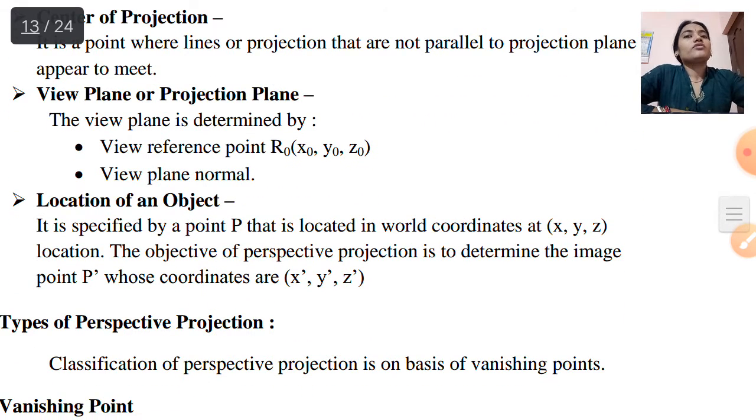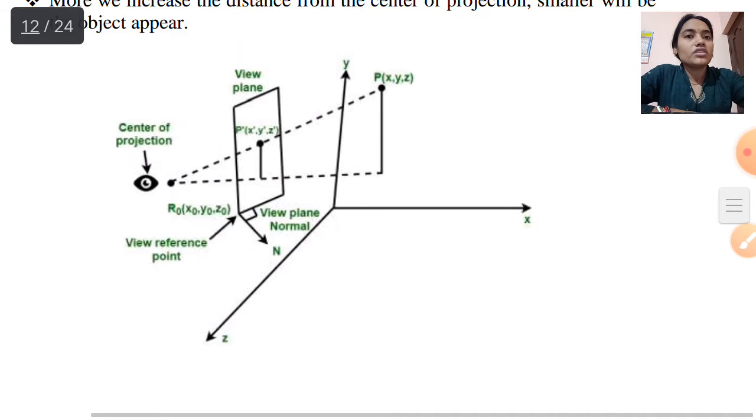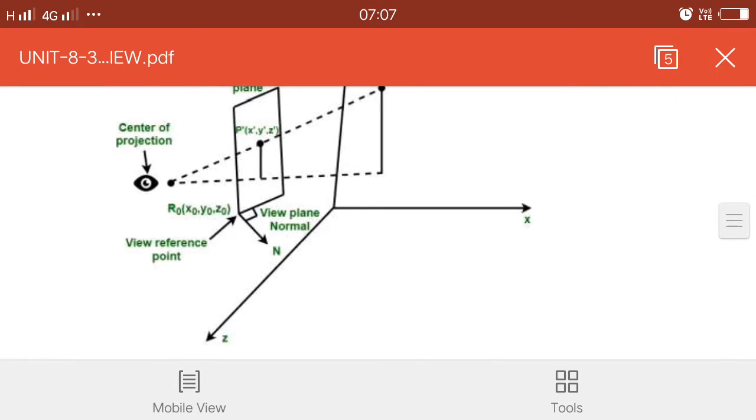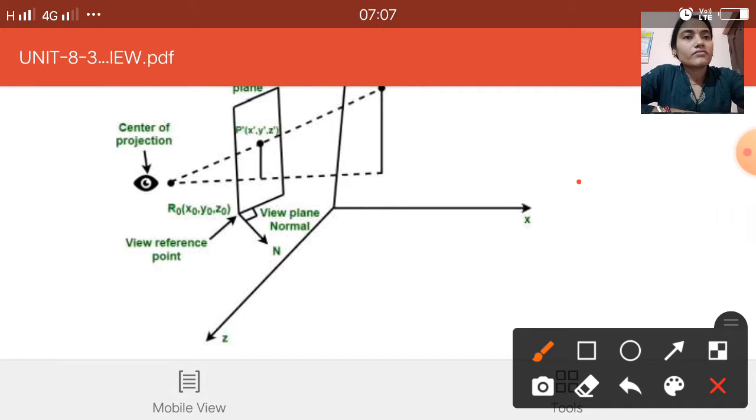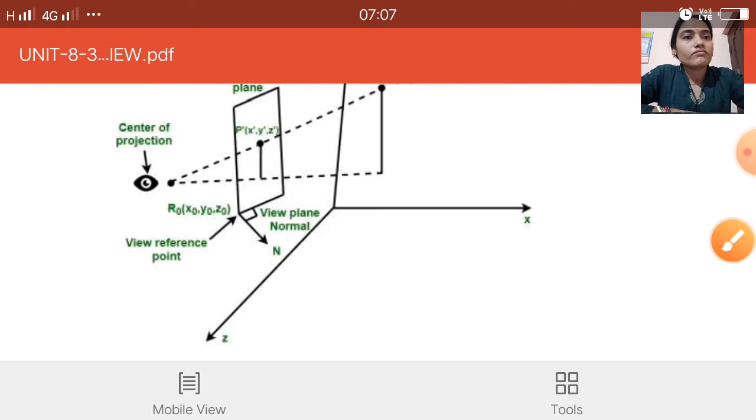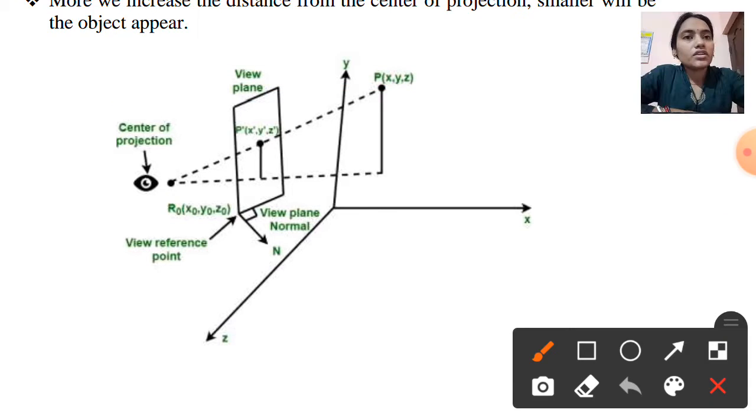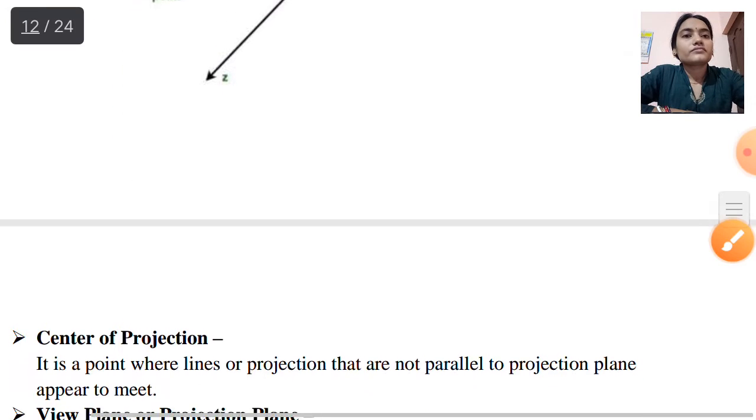Then another one is the location of an object. It is specified by a point P that is located in the world coordinate X, Y, Z. Here the world coordinate is this one, and the view coordinate is this one.